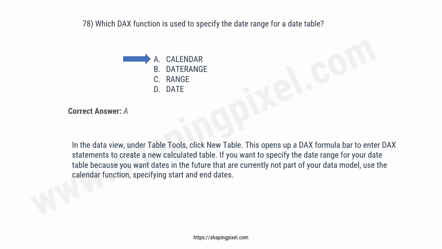In the date view, under table tools, click new table. This opens up a DAX formula bar to enter DAX statements to create a new calculated table. If you want to specify the date range for your date table because you want dates in the future that are currently not part of your data model, use the calendar function specifying start and end dates.